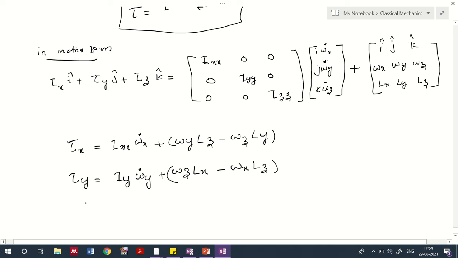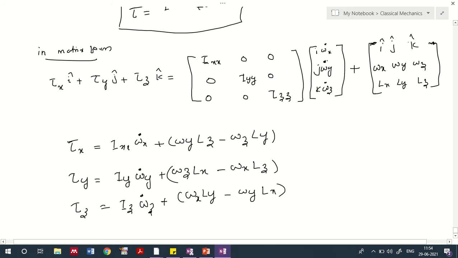And tau z is equal to Iz omega z dot plus omega x Ly minus omega y Lx. This will be a determinant of a matrix.